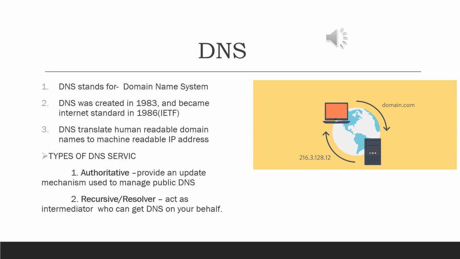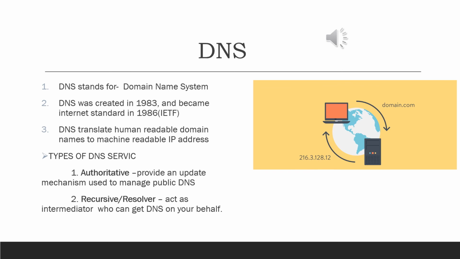In this slide, I'm going to talk about DNS. DNS stands for Domain Name System. DNS was created in 1983 and became an Internet standard in 1986. DNS translates human-readable domain names to machine-readable IP addresses.